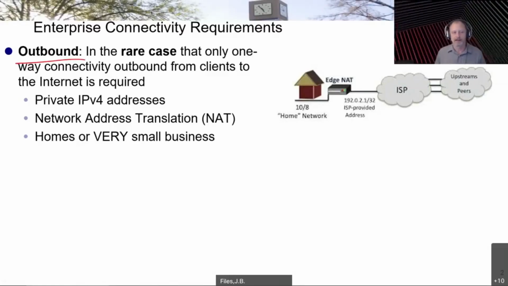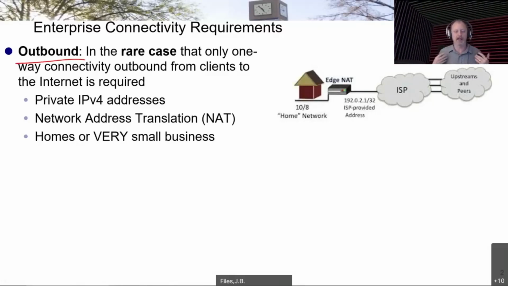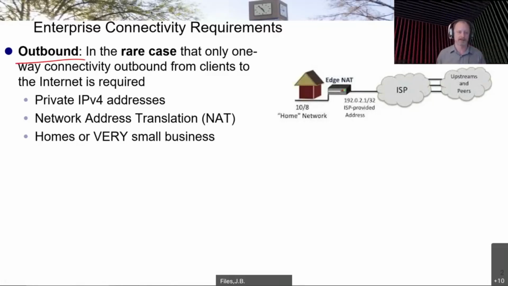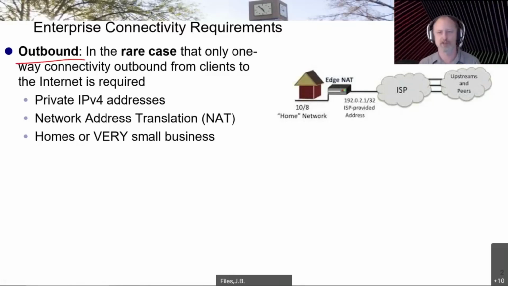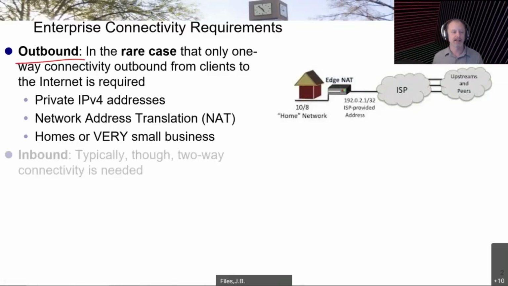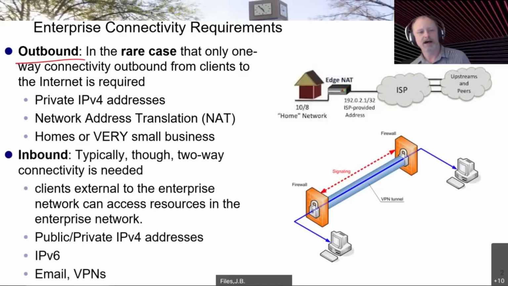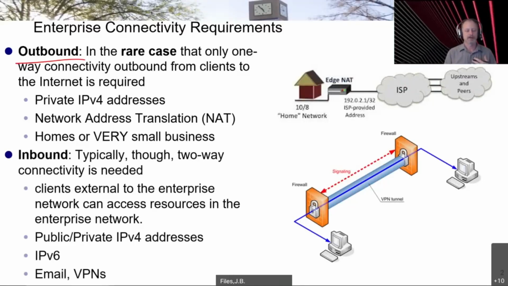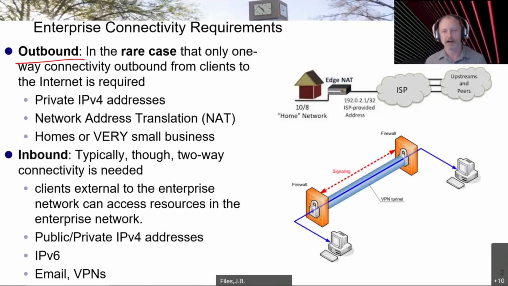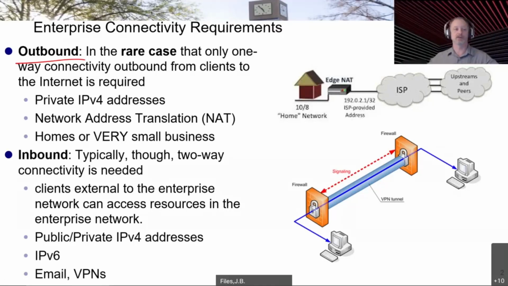Well, in the rare case that we only need outbound connectivity, that's just about never. We usually need both inbound and outbound. So we have two-way connectivity to the outside world.